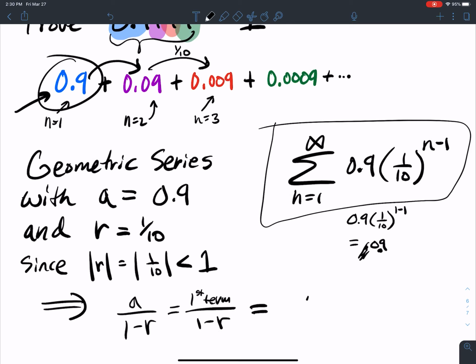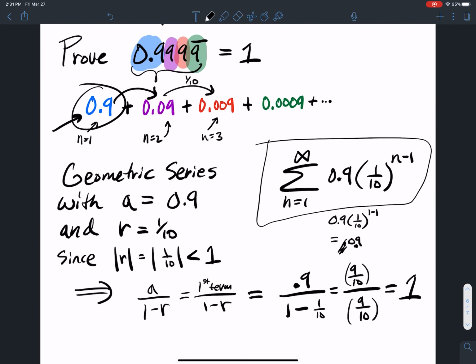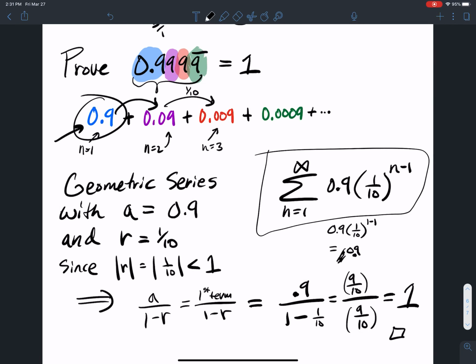And the first term is 0.9 over 1 minus 1/10. So what is this? 0.9 is 9/10, divided by 1 minus 1/10, which is 9/10. So a number divided by itself, that actually equals 1. So we just proved that 0.999999 repeating is equal to 1. Okay, pretty cool, right?